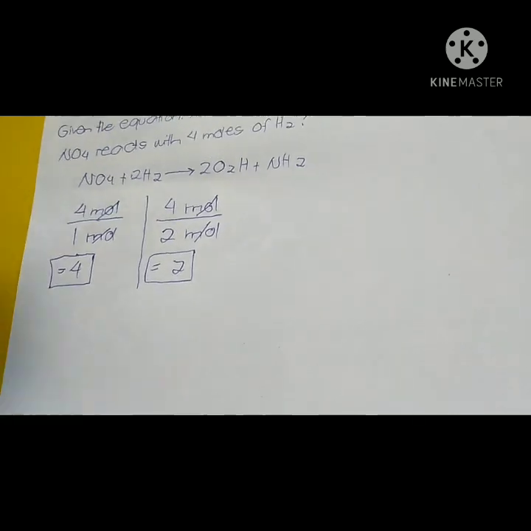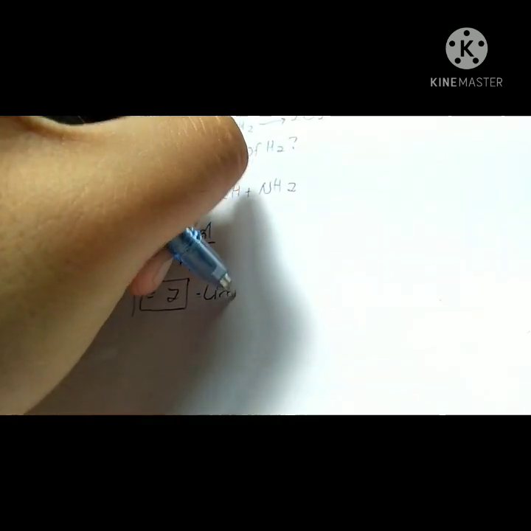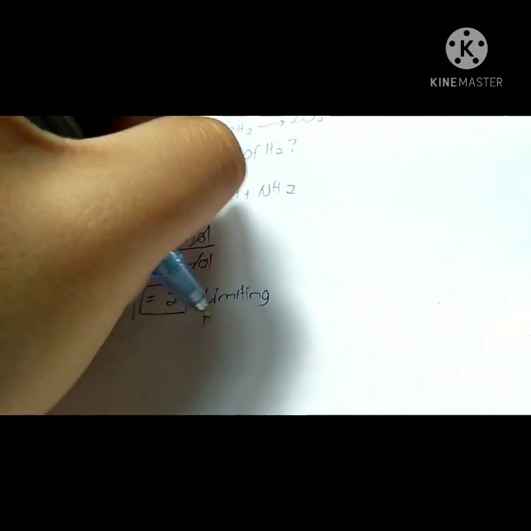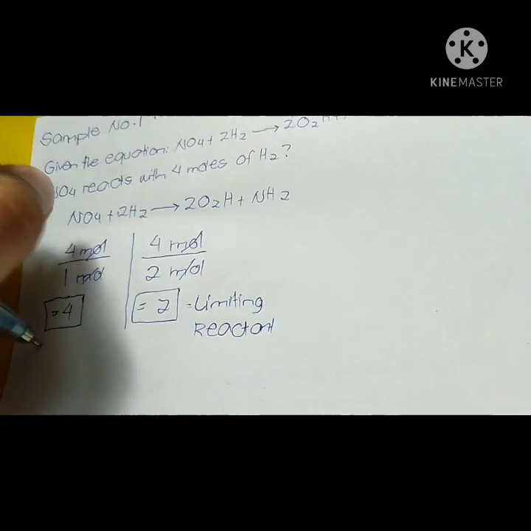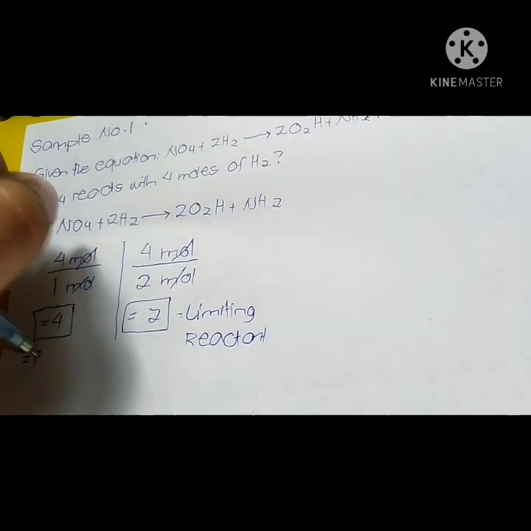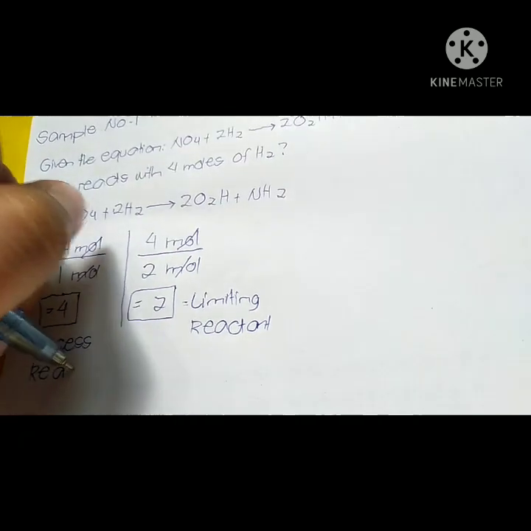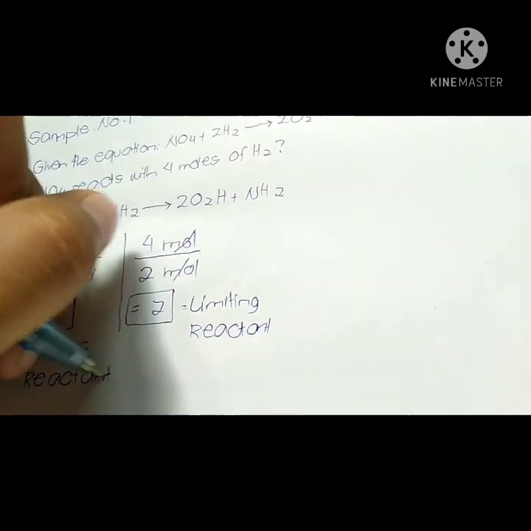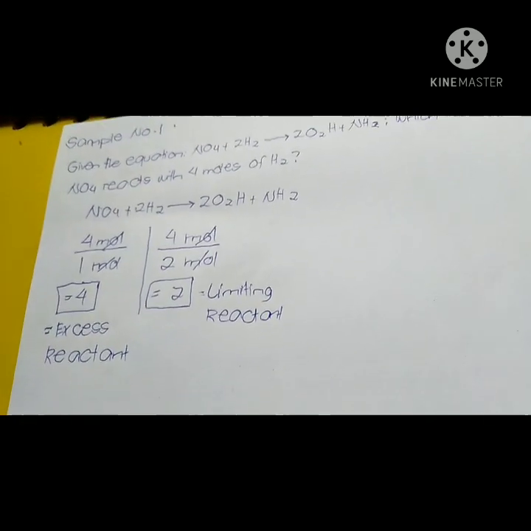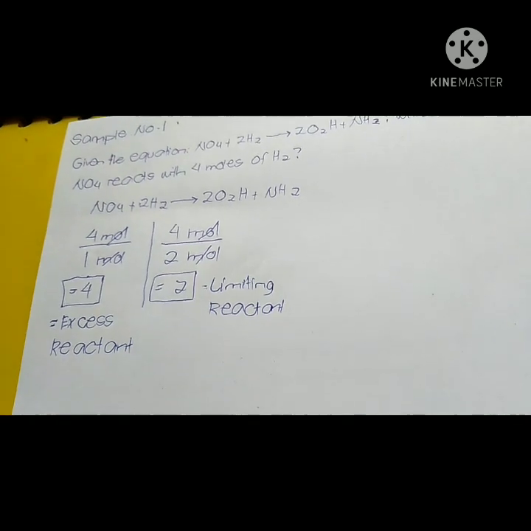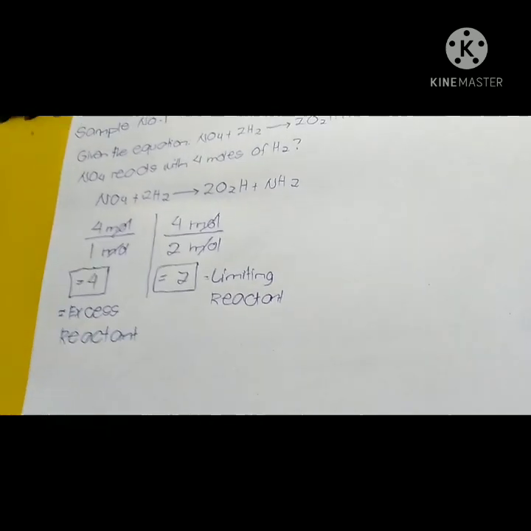So the limiting reactant is the 2, while the excess reactant is 4. So in sample problem number 1, we have the 2 as the limiting reactant and 4 as the excess reactant.